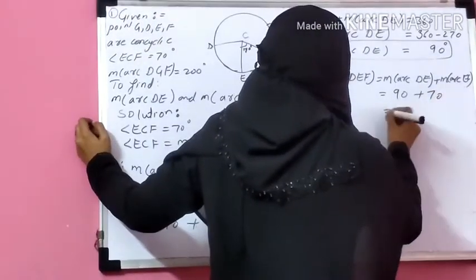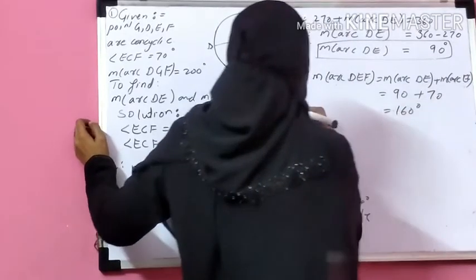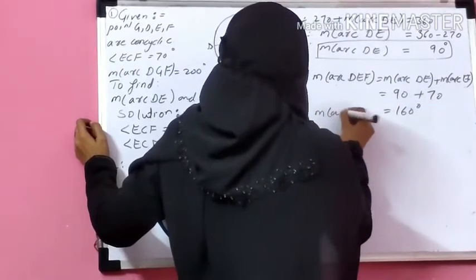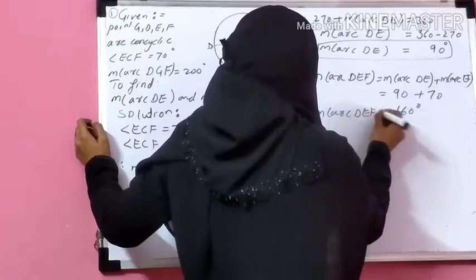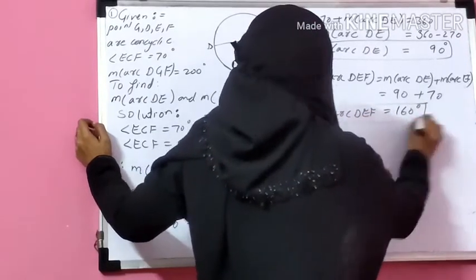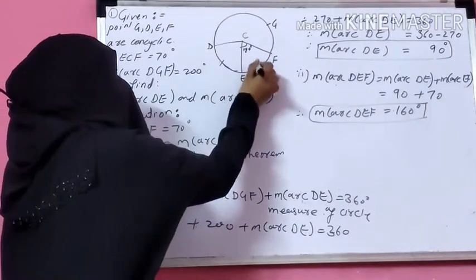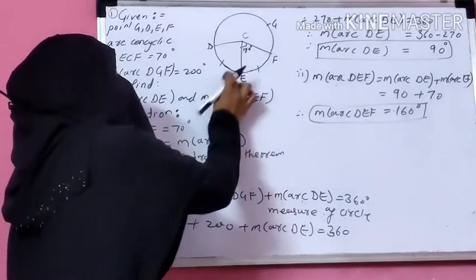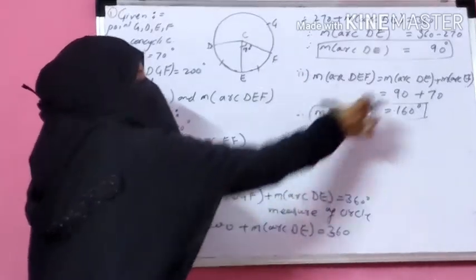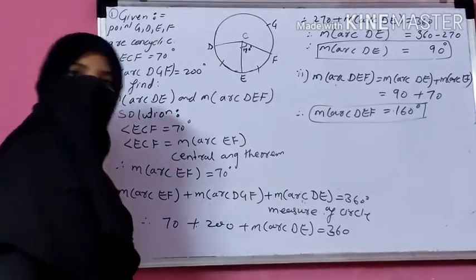So 90 plus 70 is 160 degrees. Therefore measure of arc DEF is equal to 160 degrees. It is the addition of these two arcs: this arc is 90 degrees, this arc is 70 degrees, so 160 degrees.